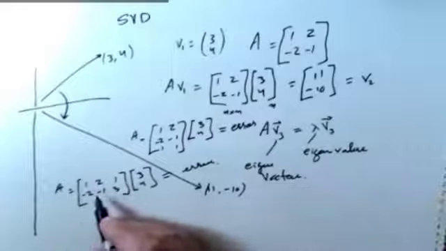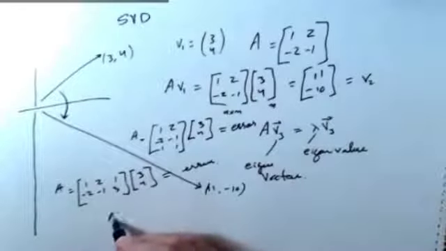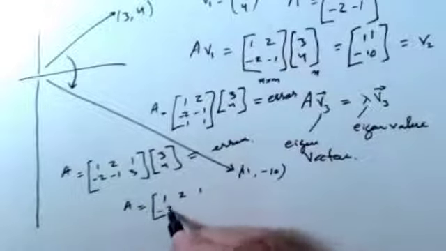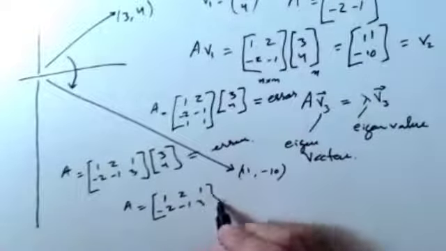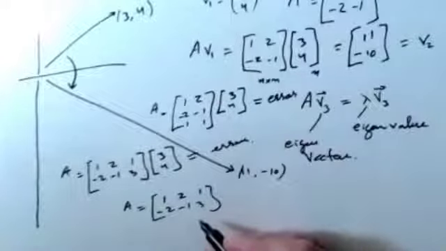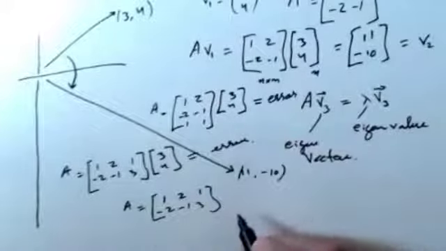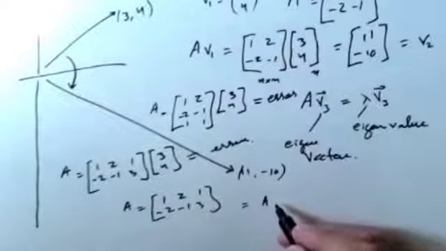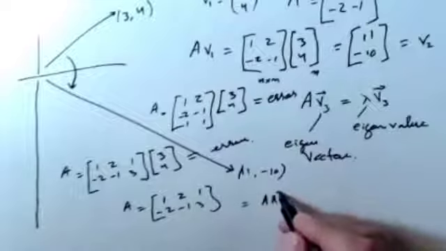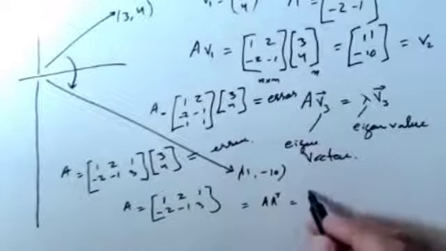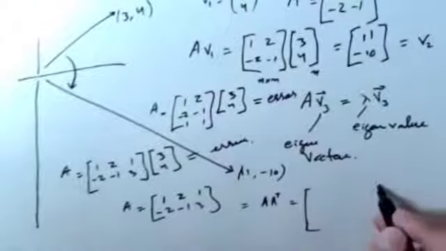Let's suppose this is our A matrix over here: [1, 2, 1; -2, -1, 3]. What we can do is employ a trick. We can multiply this matrix by its transpose, and this will give us a square matrix.